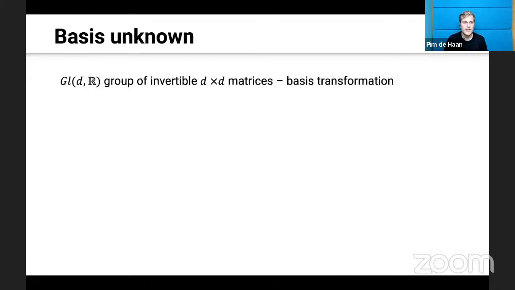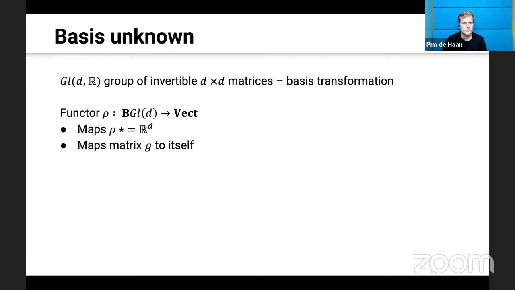So let's look at the first case. There is a group of invertible d by d matrices, which we'll think of now as basis transformations. This can act on the d-dimensional vector space by matrix vector multiplication.